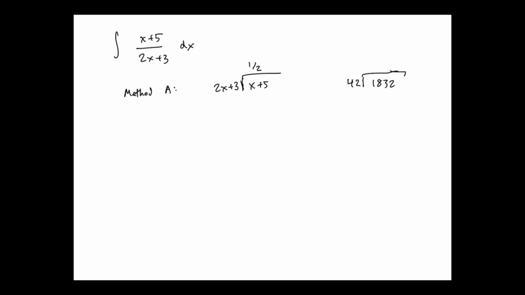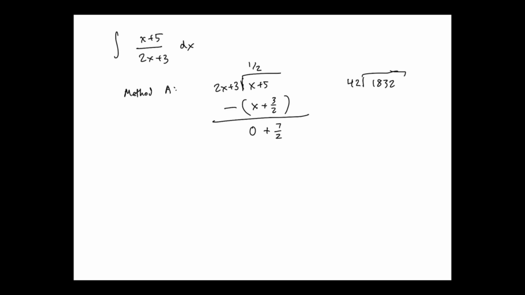Okay, so if I multiply over, then I'm going to get x plus 3 halves, and then I subtract. The x's cancel, that's good. And then 5 I can think of as 10 halves minus 3 halves is 7 halves.